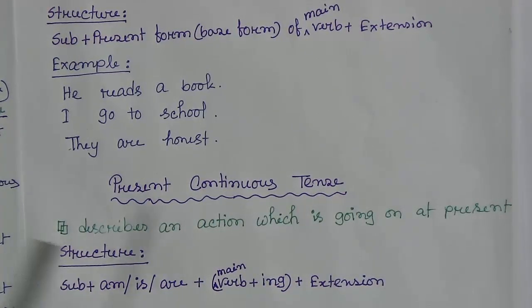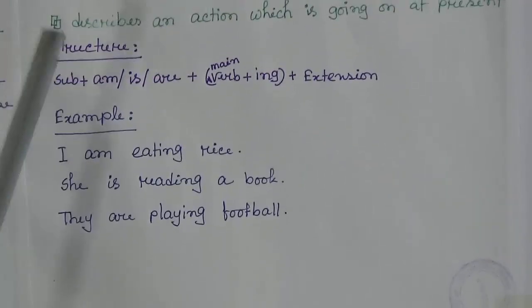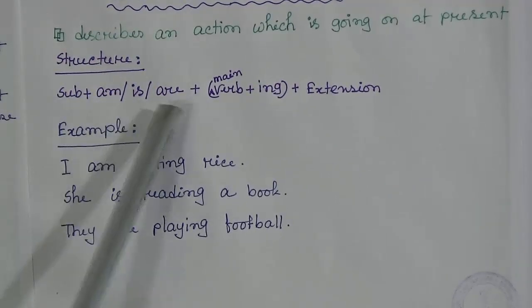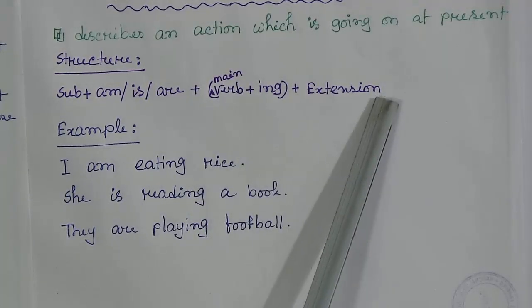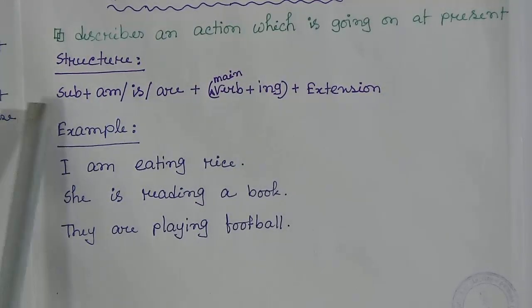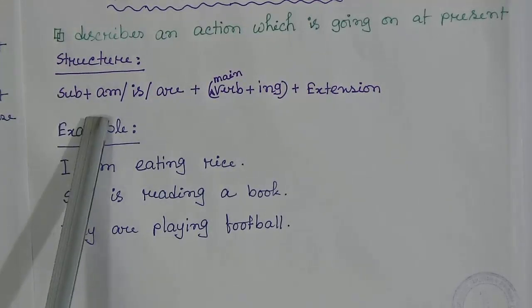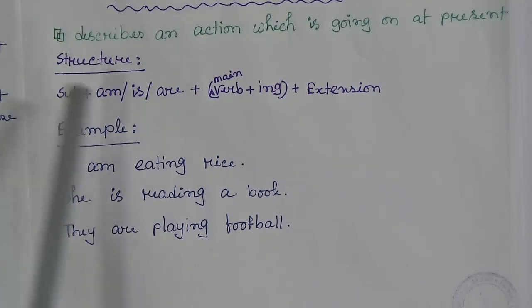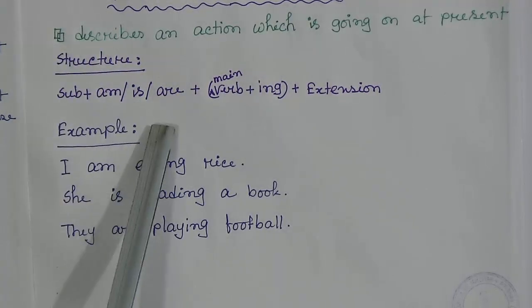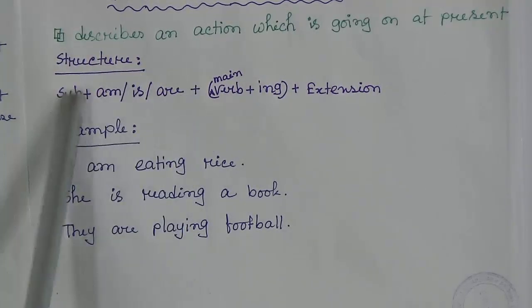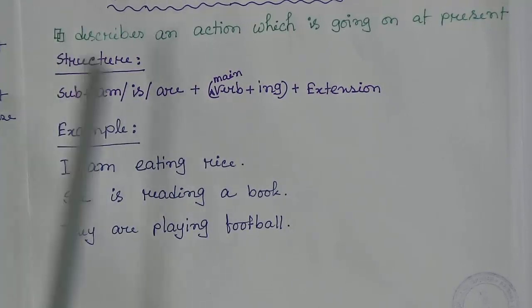Now the structure: subject plus am or is or are plus main verb plus ing plus extension. Students, we have to use am, is or are according to the number and person of the subject.